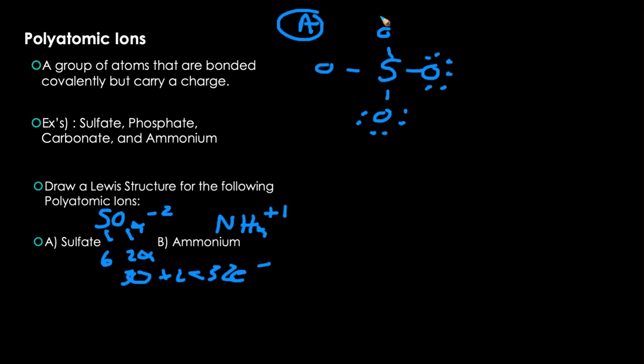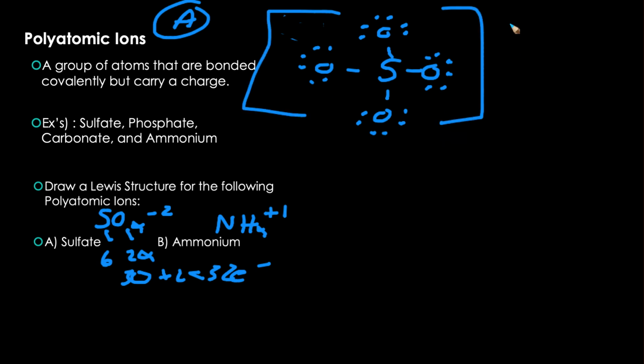Now, the only difference when doing a Lewis structure for a polyatomic ion is that we put our polyatomic ion in brackets. So once again, this is just A. We'll put a bracket around our Lewis structure with the charge on the outside, so minus 2.